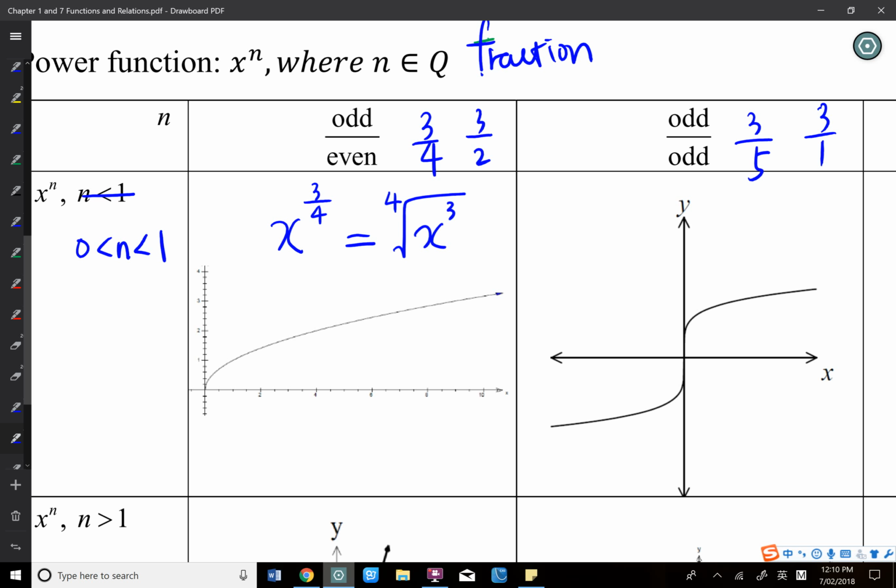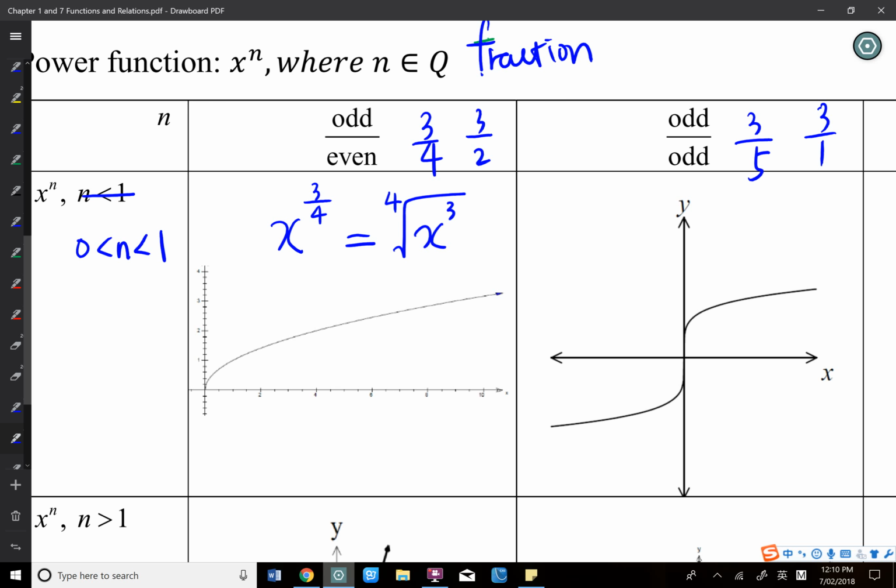Let's think about what x is possible to put in. If I put in a positive x, do I have a positive number out? Yeah, if you put in 1, you have 1 out. Can I put in a negative number? If you put a negative number through a cube, or any odd power, it's still a negative number.